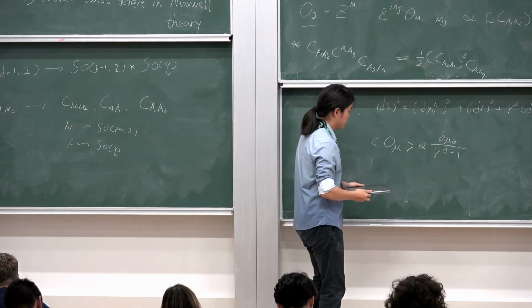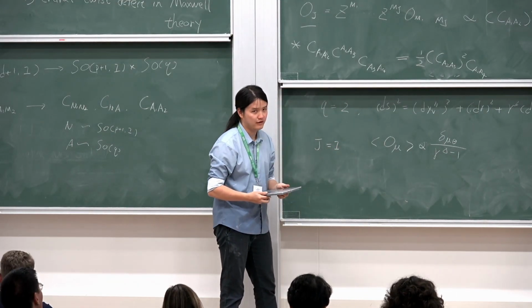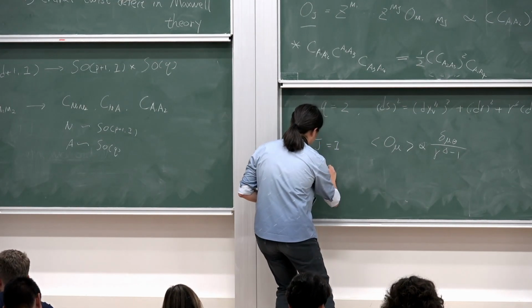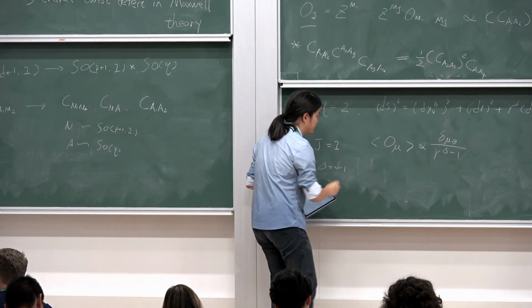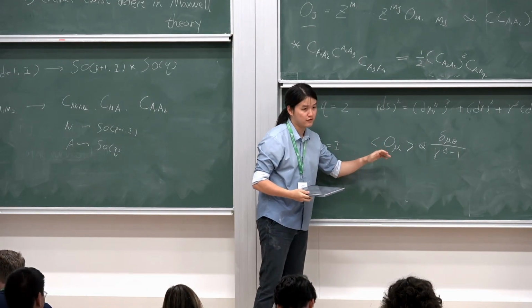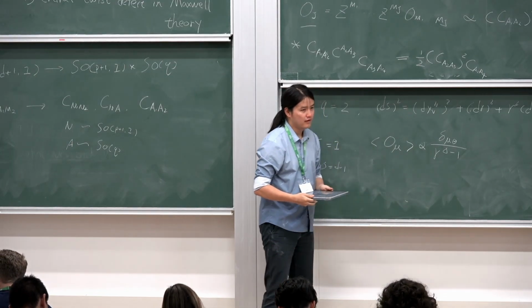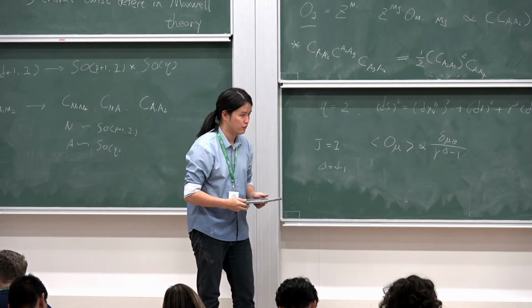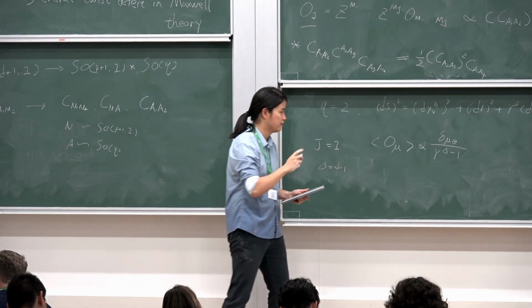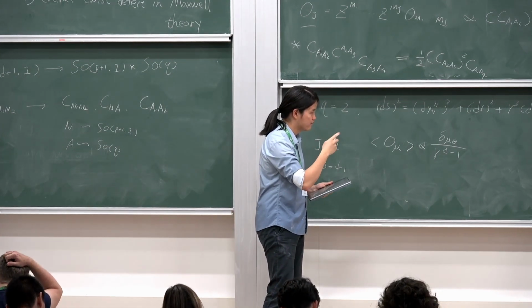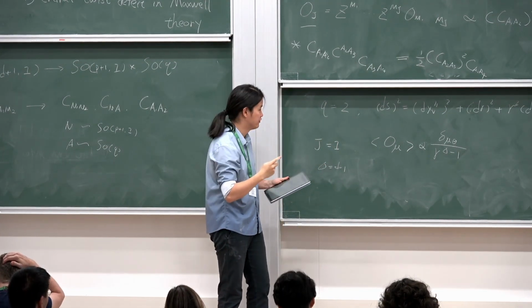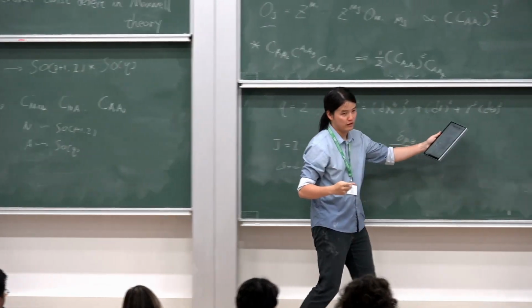Now, for j equal to 1, you can take a special case where delta equal to d minus 1, which means this operator is actually a conserved current. This fact is simply saying that the one-point function of the conserved current can only be such that the current is circulating around the codimension 2 defect in the theta direction.